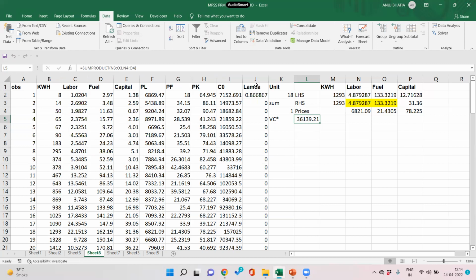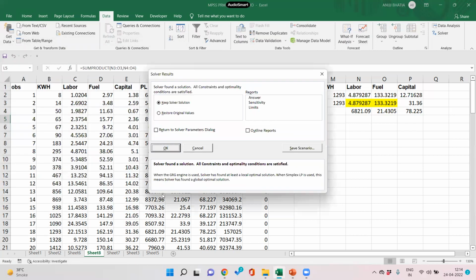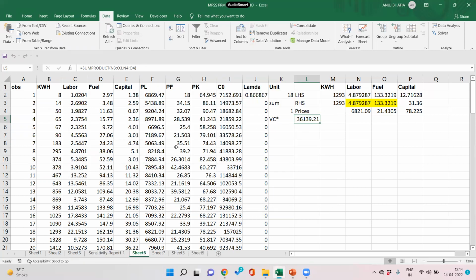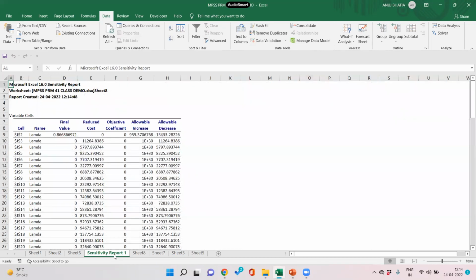Now what you can do here is go to solver, click on solve, and when you get the solver results, click on sensitivity and OK. So a sensitivity report would be generated.